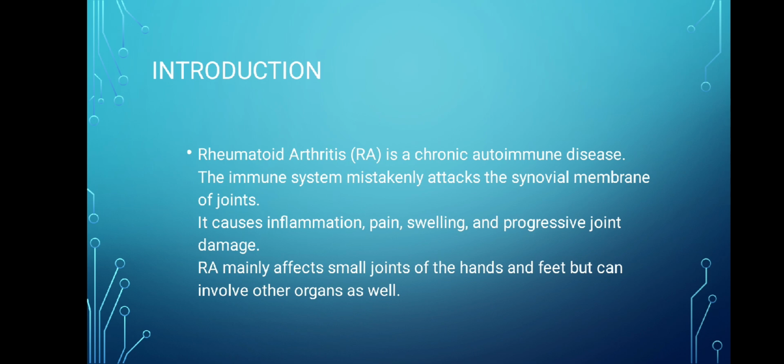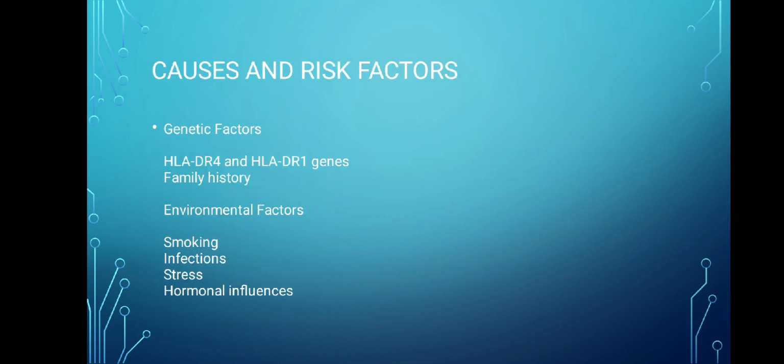To understand rheumatoid arthritis completely, we need to follow the physiological and pathological process step by step. Etiology and predisposing factors. The exact cause of rheumatoid arthritis is not fully understood, but it develops because of an interaction between genetic susceptibility and environmental triggers.